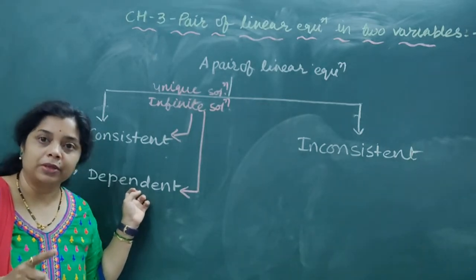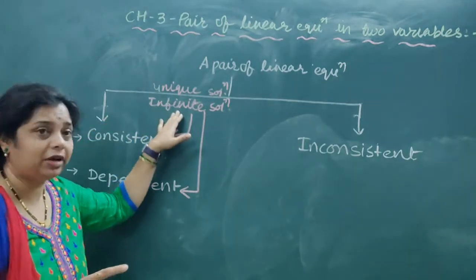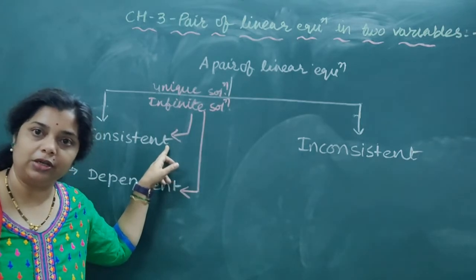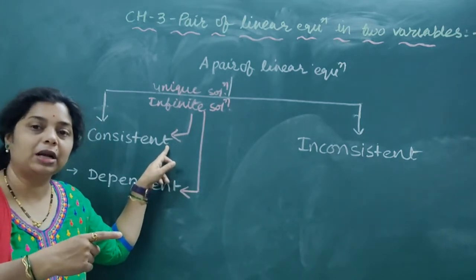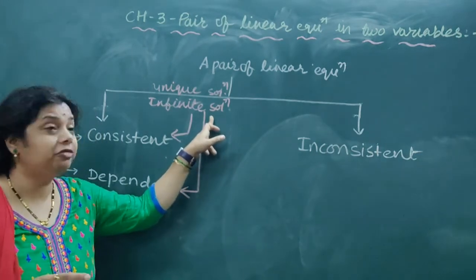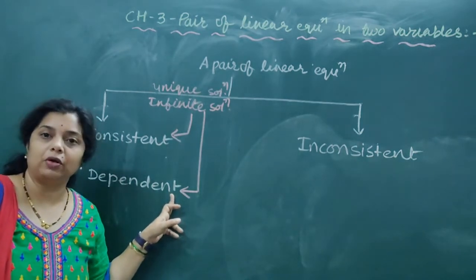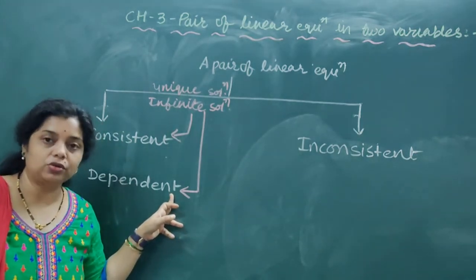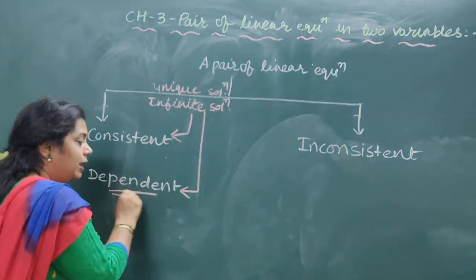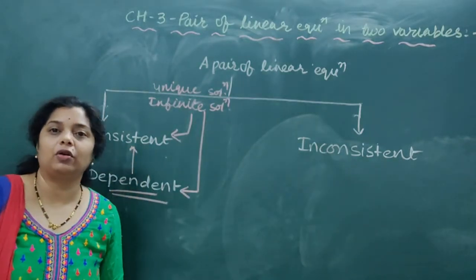Is it clear? So if there is a unique solution or infinite solutions, the pair is called a consistent pair of linear equations. Again there is a sub-classification. If a pair of linear equations has infinite solutions, then it is specially called a dependent pair of linear equations. So from this we can say, in short, every dependent pair is a consistent pair of linear equations.